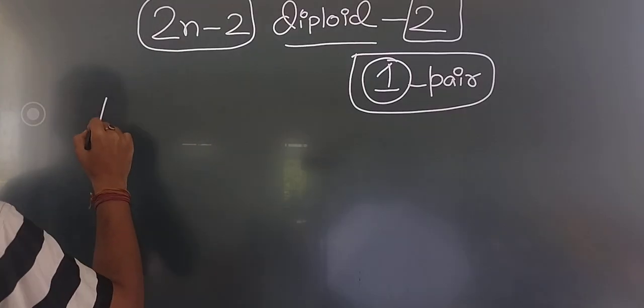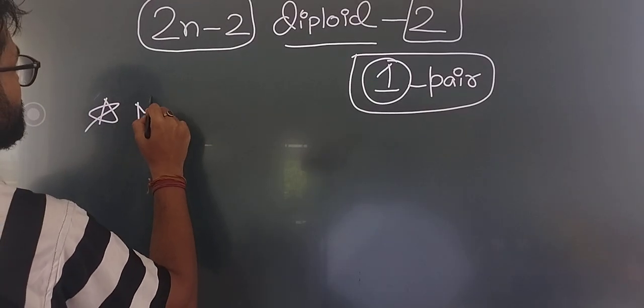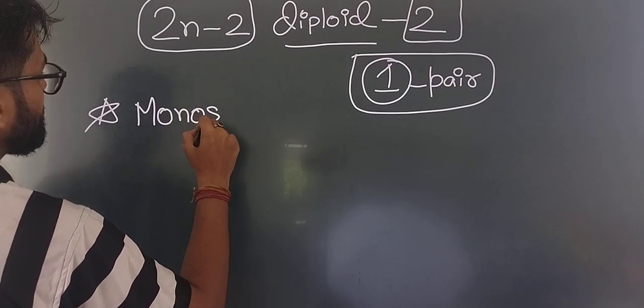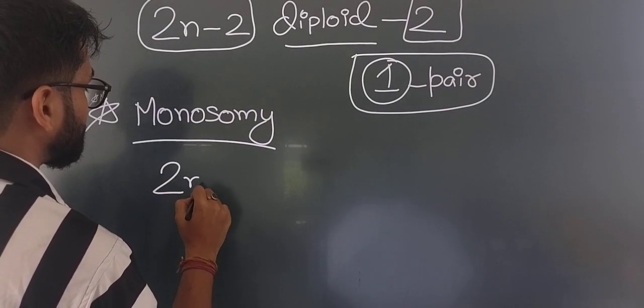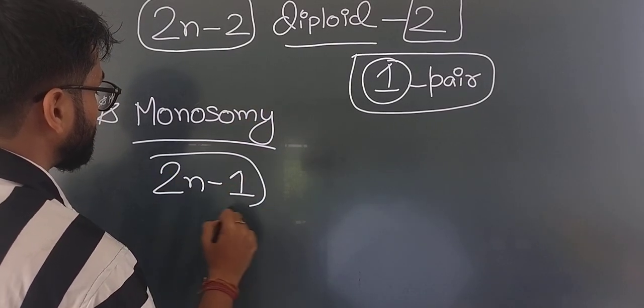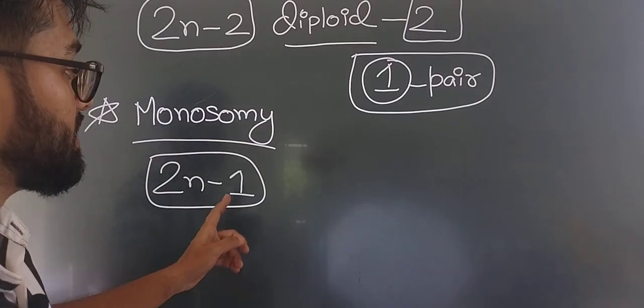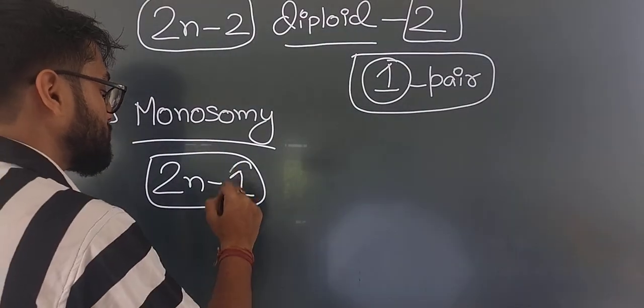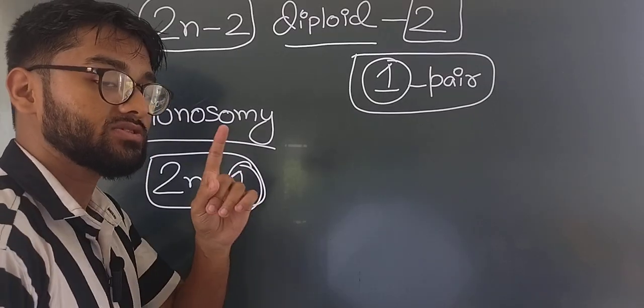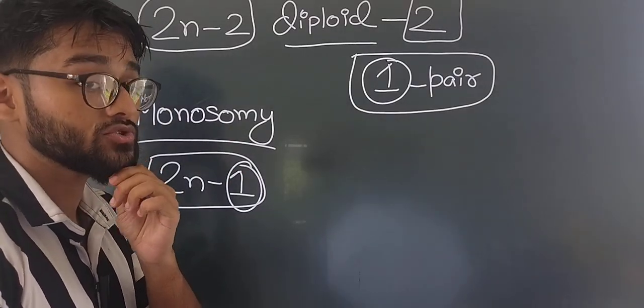Similarly, in your monosomy, you get something like 2n minus 1, wherein a chromosome is simply removed. Now this is just one chromosome. It is not a chromosome pair.